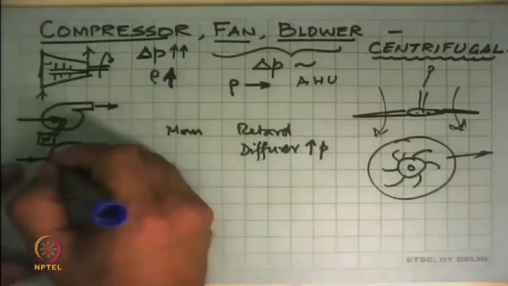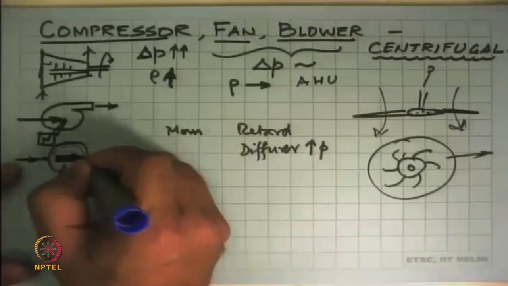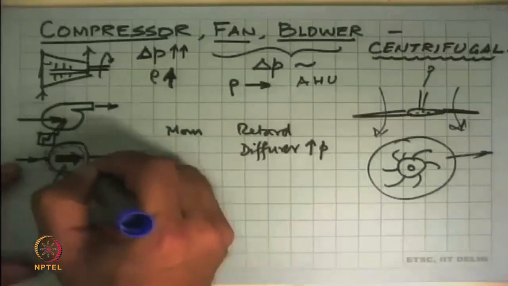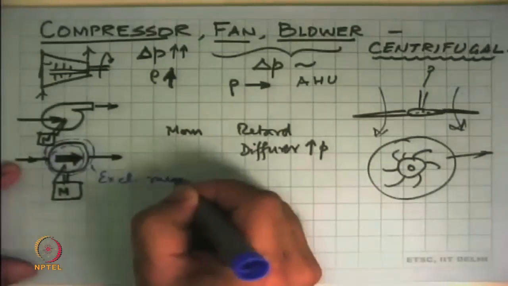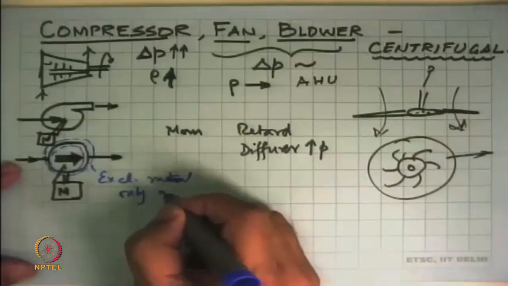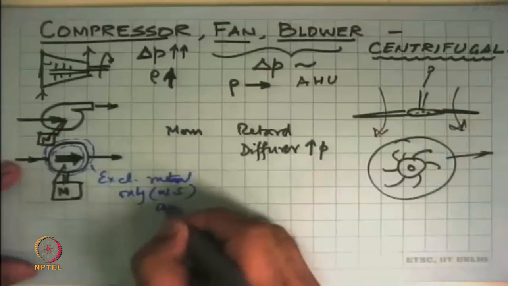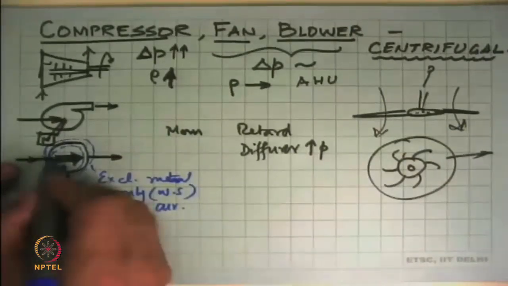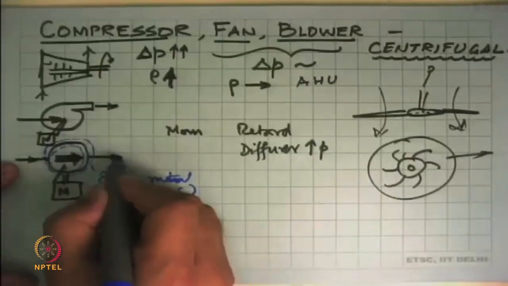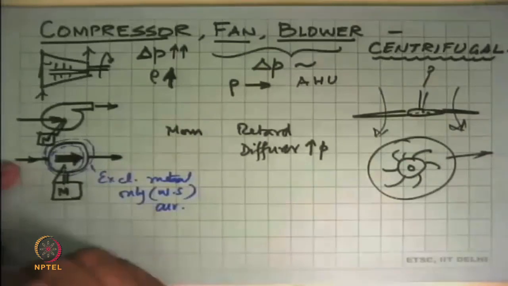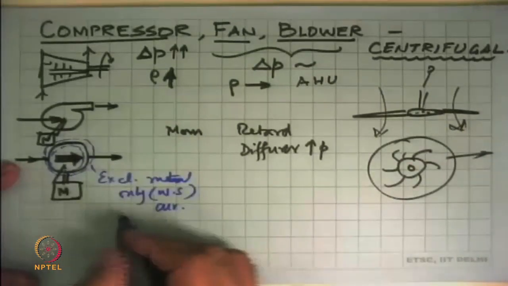We say I will take all this as my system, or one can say that this is the system excluding all the metal and only the gas or the working substance which is there, air or whatever. So this system has one inflow, one outflow, and there is shaft power being input to this.